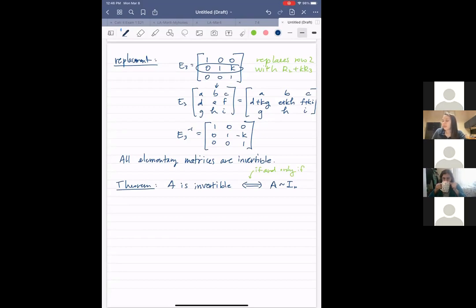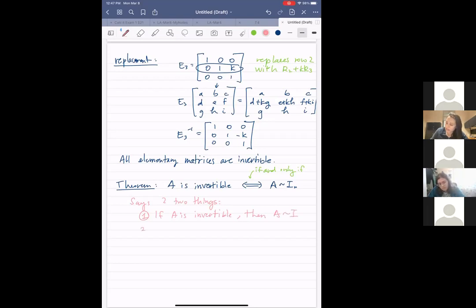So this if and only if, we can break this down into two statements, right? It's saying that these two things are equivalent, so this says two things. First of all, that if A is invertible, then A is row equivalent to the identity matrix.